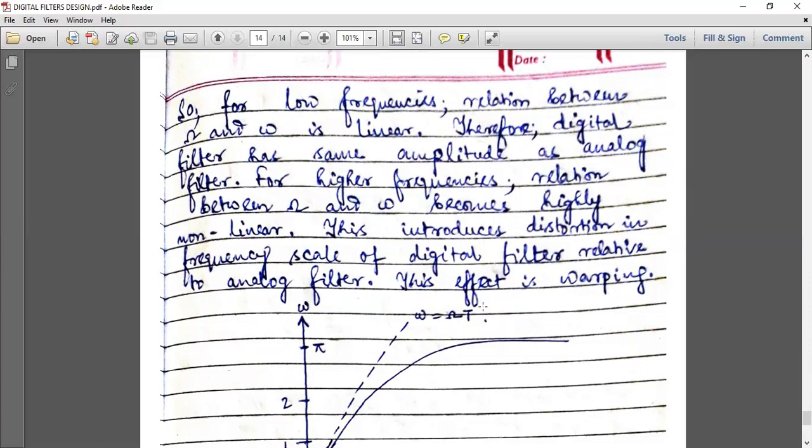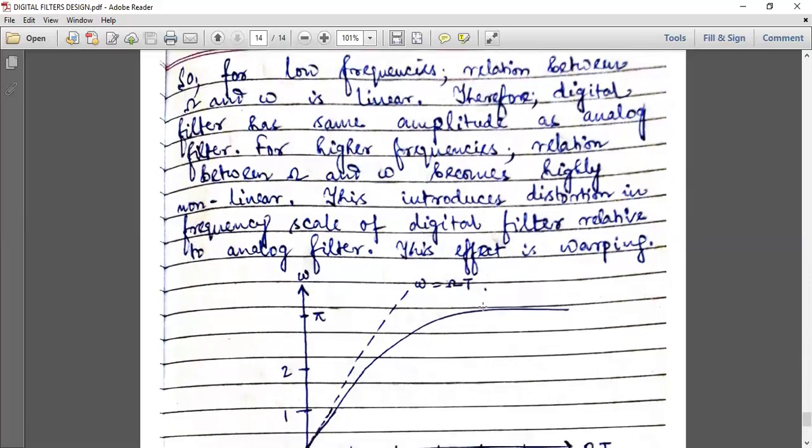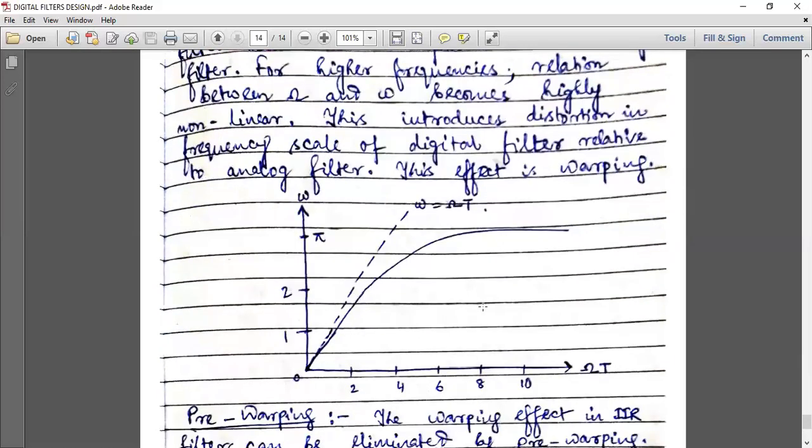And this effect is called warping. Clear? This effect is called warping. And the warping effect is shown by this diagram. You see, the x-axis is ohm T, the y-axis is omega, and this is the figure. Omega equal to ohm T is this one. And in general, this is the warping effect. The curve is highly nonlinear.